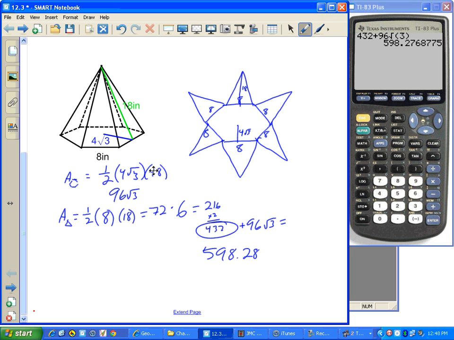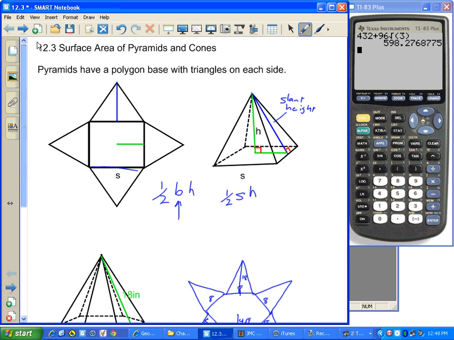Since this is inches, this would be inches squared, because area is always square inches. Okay, so that's how you deal with pyramids.